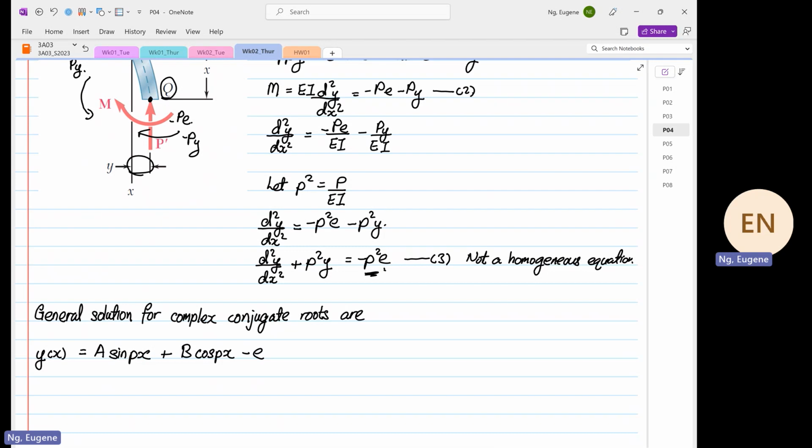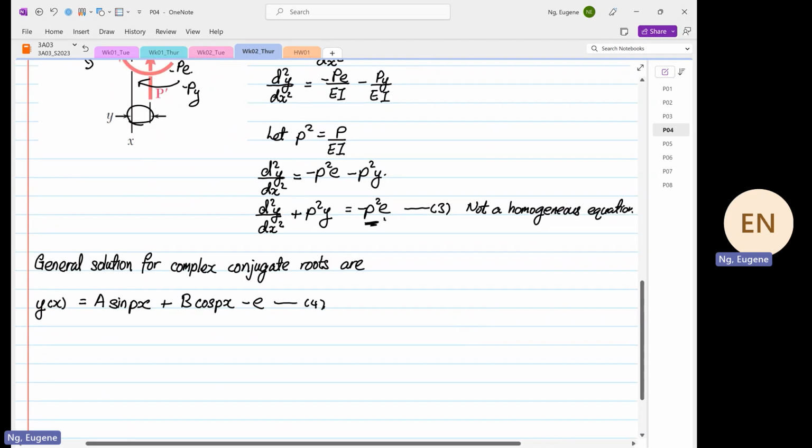Because, as I mentioned, this is not a homogeneous equation. This will become our equation number 4.